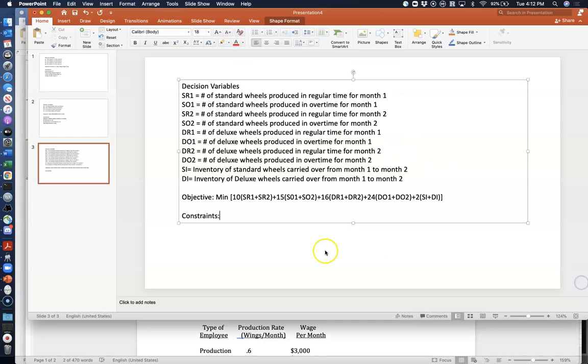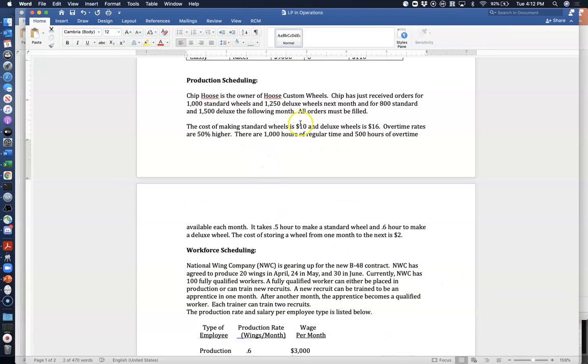So let's look at demand constraints first. So there are 4 demand constraints. So the total number of standard wheels that you have to have available in the first month is 1000. So you have to have at least 1000 standard wheels available in the first month.